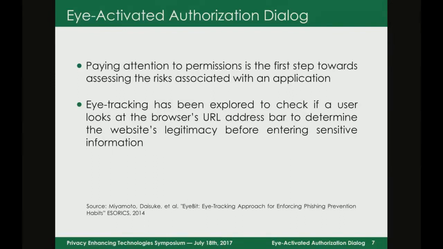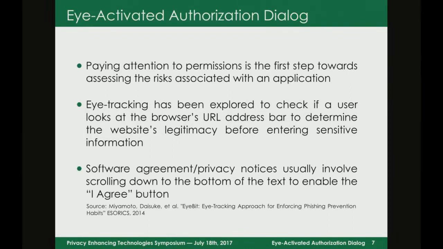Once the user looks at the URL address bar, only then are the sensitive fields activated. Similarly, you must have seen many software agreements and policies that make the user scroll down to the bottom of the text before the agree button is enabled. That's where the motivation of our work comes from.